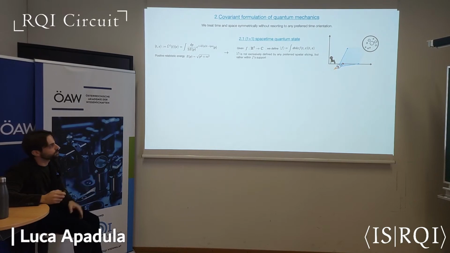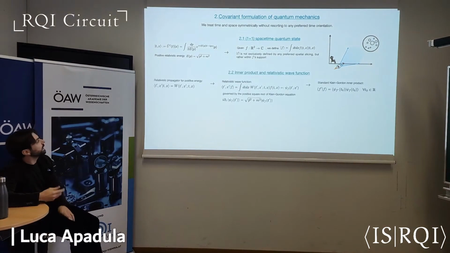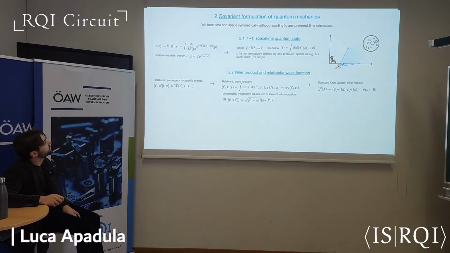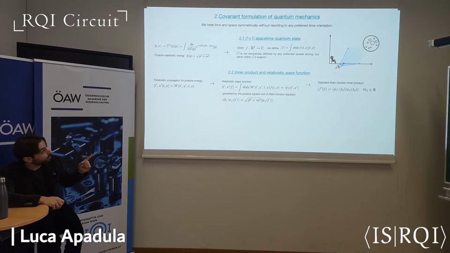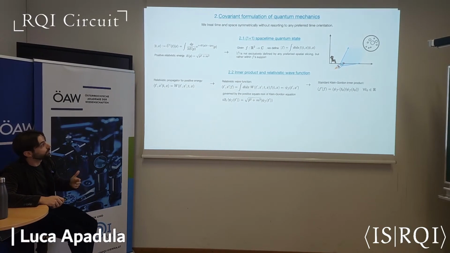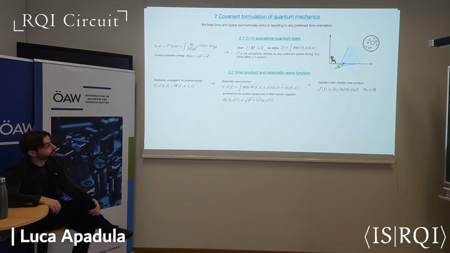Now, a few features of this formalism. If we do the pairing of these two space-time kets, we get the propagator for positive energies. Then if we project the space-time quantum state on t', x', we get the standard notion of a relativistic wave function, which complies with the positive square root Klein-Gordon equation. And we also recover the standard Klein-Gordon inner product if we do the inner product of these two space-time quantum states.